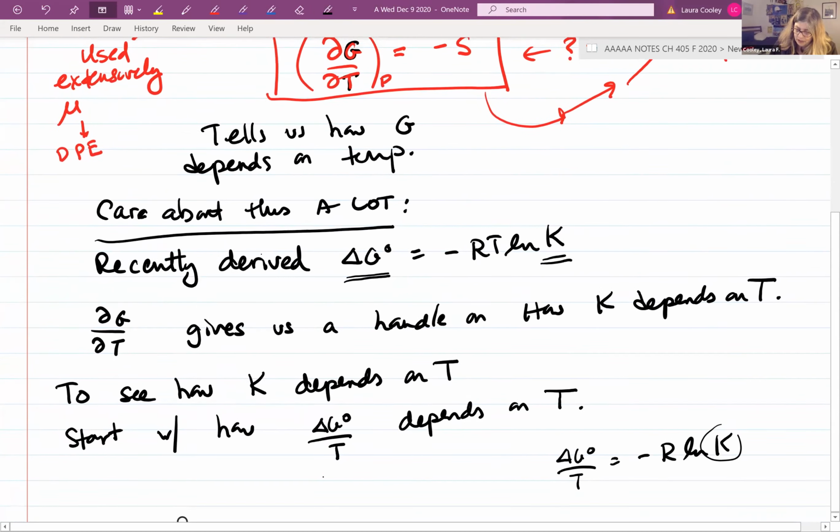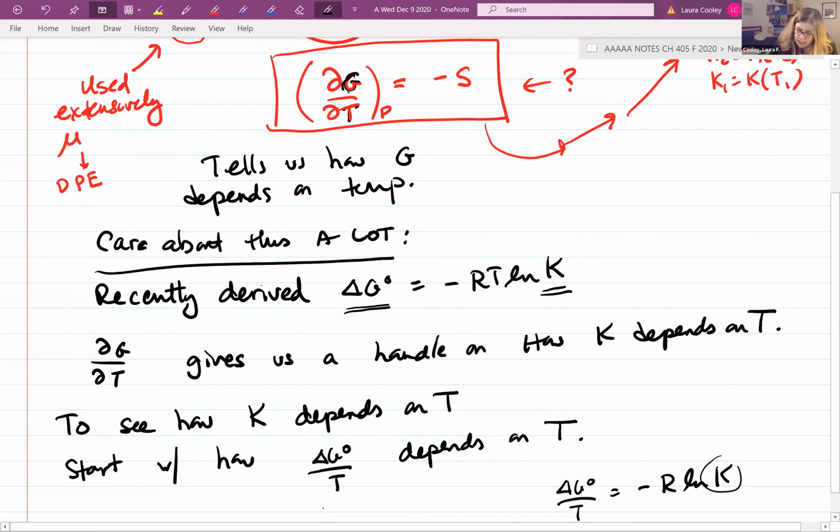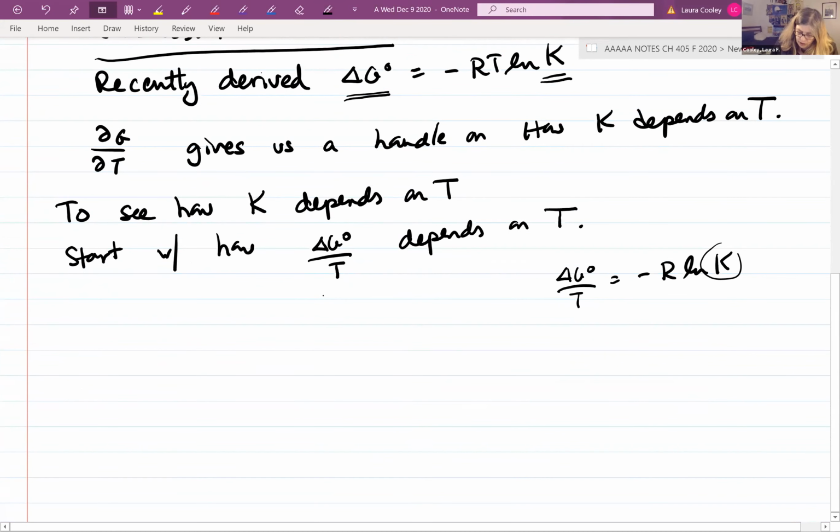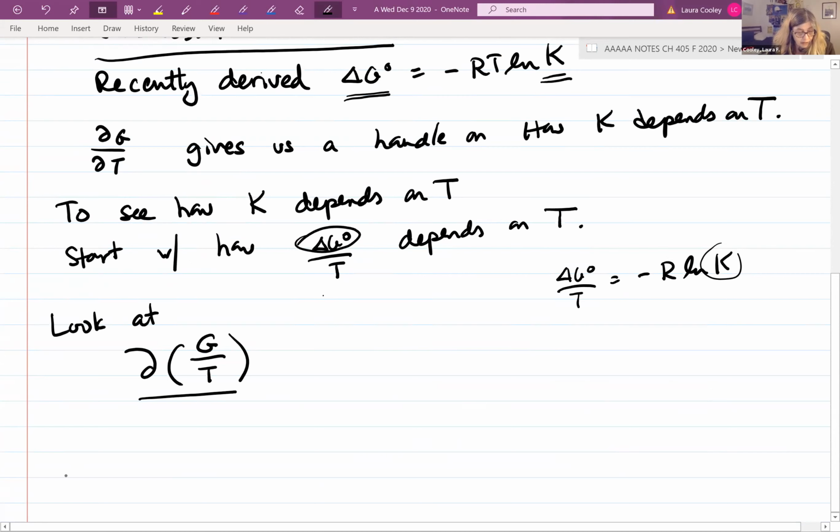We first have to look at it: we know the derivative of G with respect to T. So what we're going to look at is the derivative of G over T, right? Because we want to get to delta G over T, but we're going to look at the derivative of G over T with respect to T, at constant pressure.